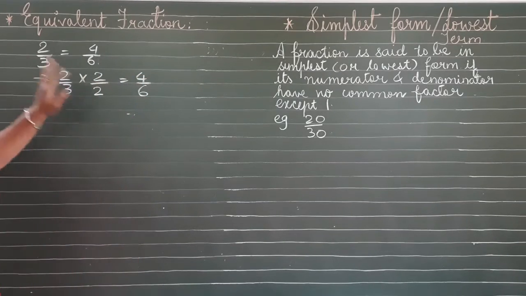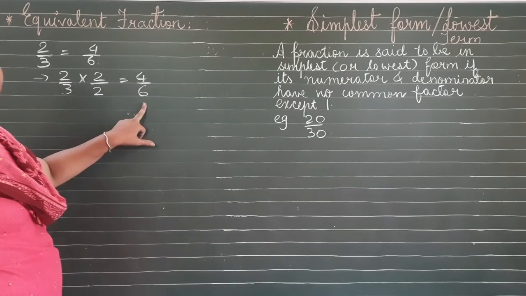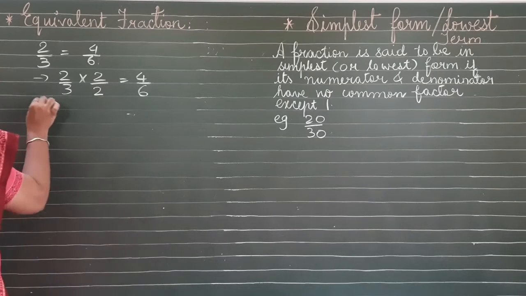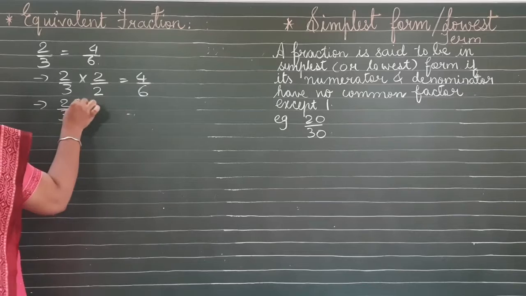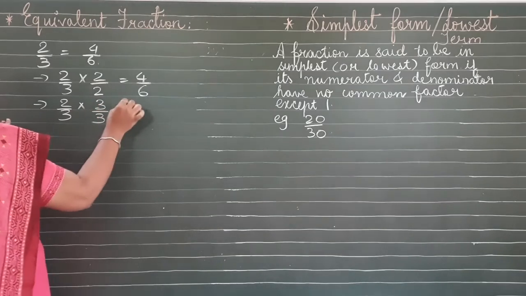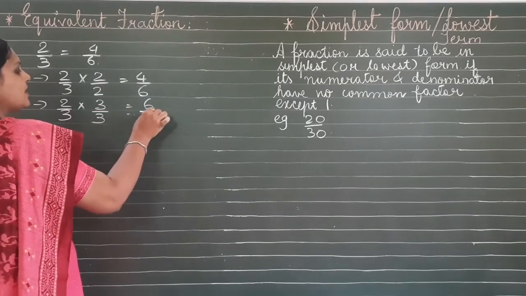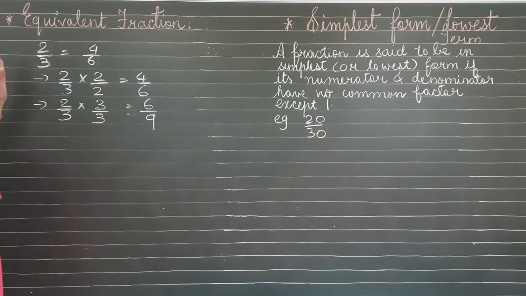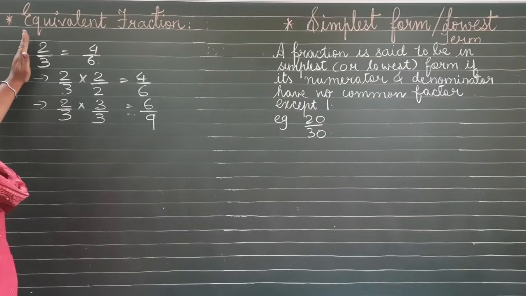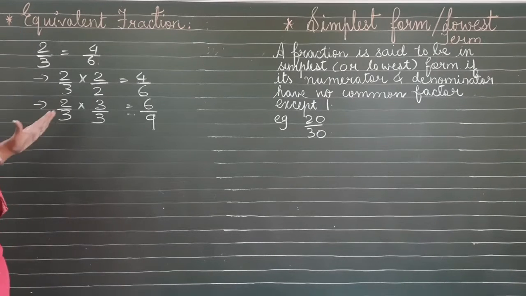So 2 upon 3 and 4 upon 6 are equivalent. Same way, if I multiply 2 upon 3 by 3 upon 3, I will get 6 upon 9. So I can say 2 upon 3 is equal to 6 upon 9.